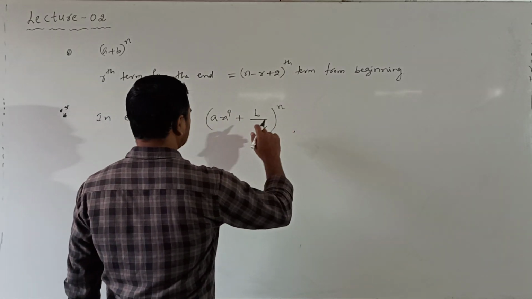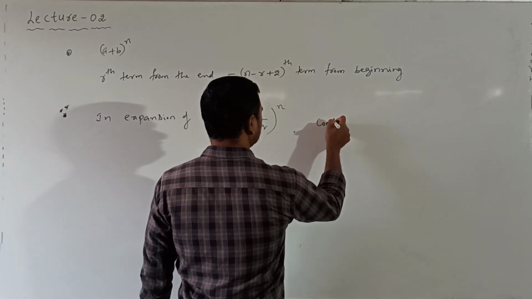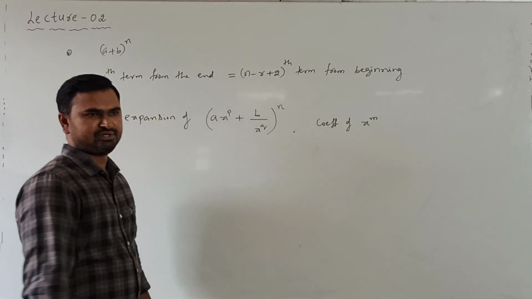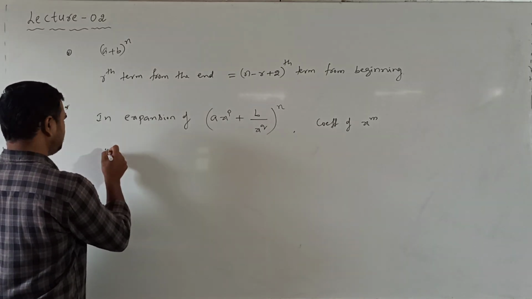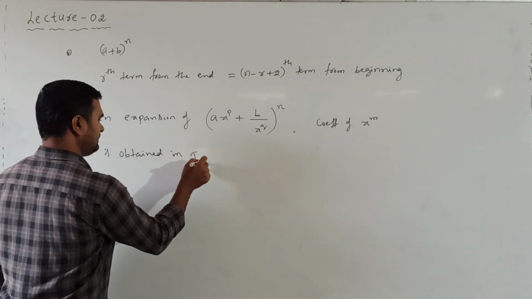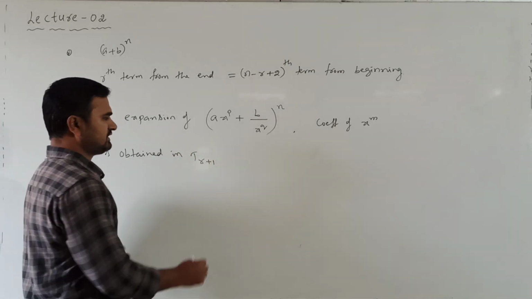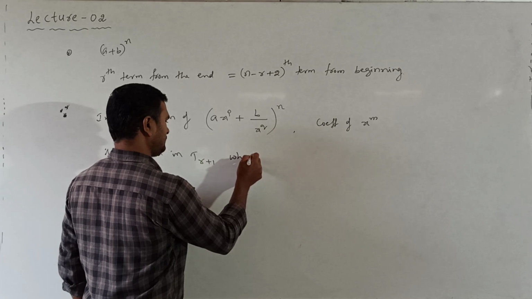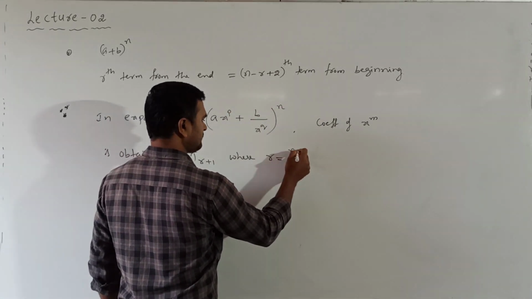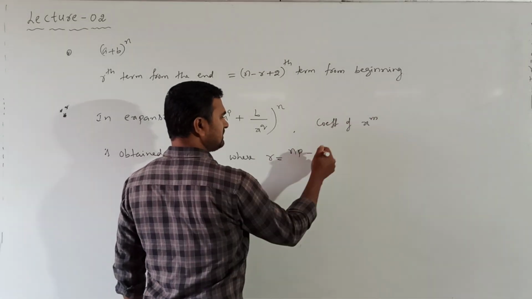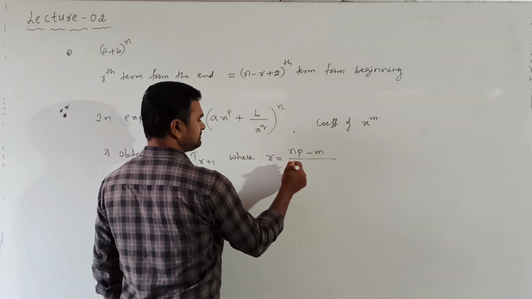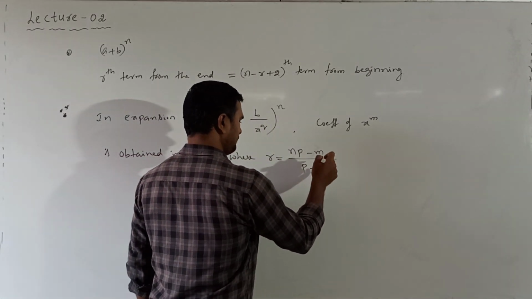So in the expansion of this, the coefficient of x to the power of m, where m is a constant, is obtained in T_(r+1), where the r value is given as (np - m) divided by (p + q).